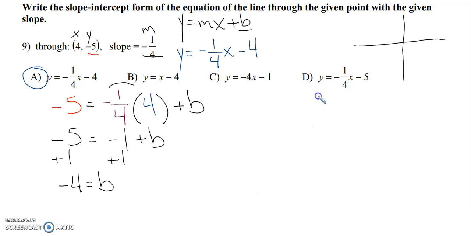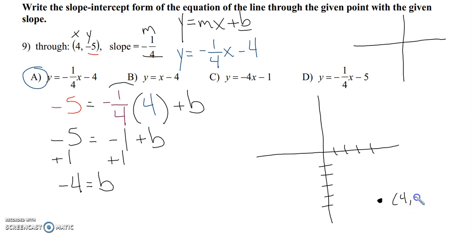If you really don't like solving for b and you want to graph, it gets a little messy, but you can. So plot this point here. x is 4, and we're down -5. From here, you're going to use the slope to find a point on the y-axis.